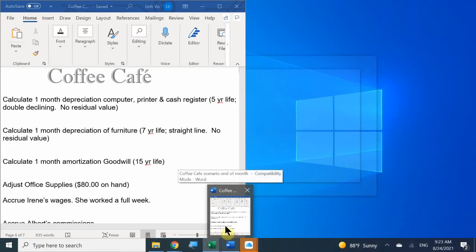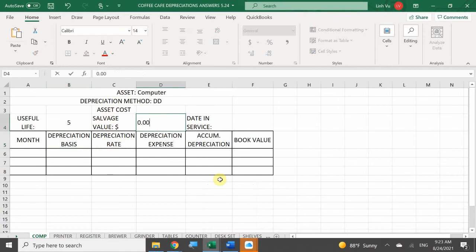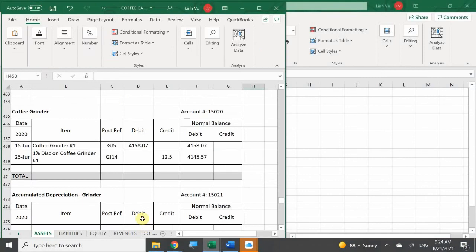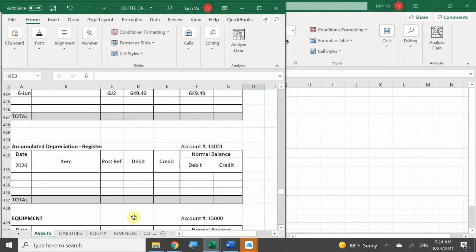Yes, 5 years. And no residual value, so no salvage value. So once again, let's locate where our computer, printer, and cash register are.